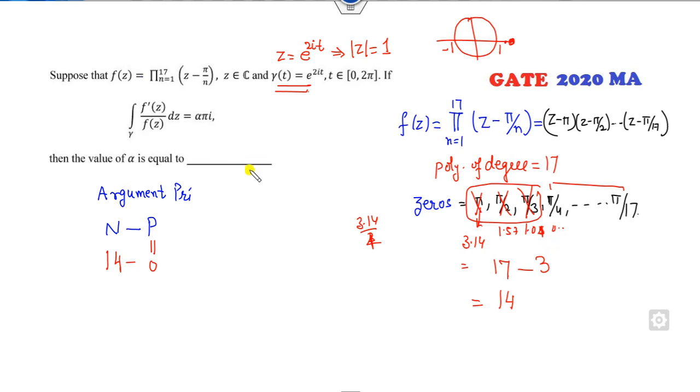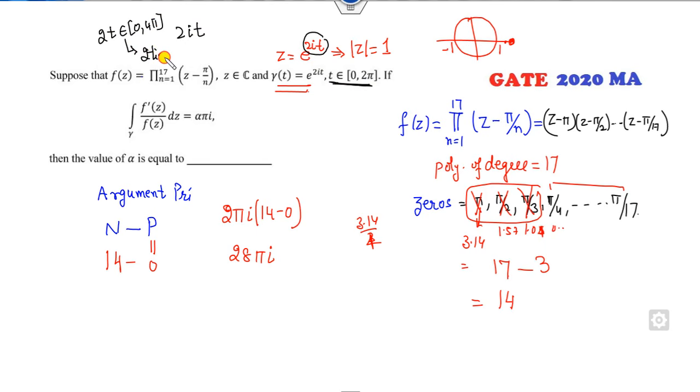Fine. So it is 14 minus 0. So what is the right answer? 2 pi iota into 14 minus 0. That's 28 pi iota. But now you can see it's 2 iota t. Fine. Whenever t belongs to this value, 2t belongs to 0 to 4 pi. That means 2 times rotation.